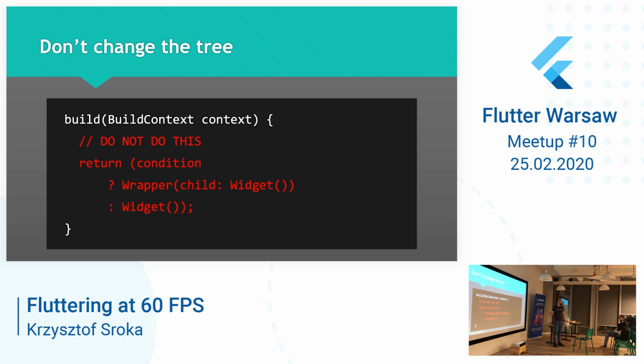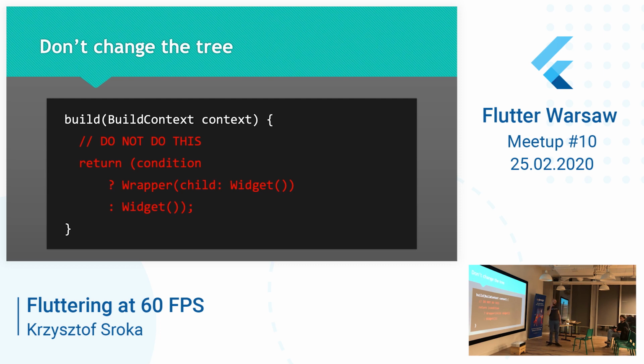It can be any wrapper, but if we have a condition under which I want to wrap my widget into something, and this gets changed whenever the user clicks something, for example, we will trigger a full rebuild of that element tree from this point on, because the types of wrapper and widget will not match when the update comes.